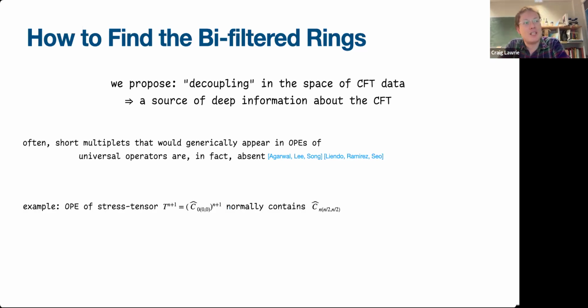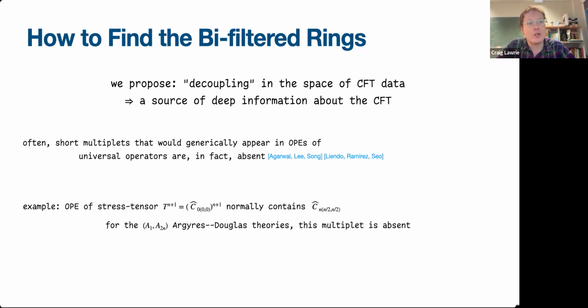So, for example, if you take the stress tensor, which in the language of Dolan and Osborn is a C hat 0, 0, 0 multiplet, and I take the OPE of n plus 1 of these things, you would normally expect on symmetry grounds that the expansion would contain a C hat n over 2 multiplet. Now, for the family of Argyres-Douglas theories called A1, A2n, this multiplet is absent.